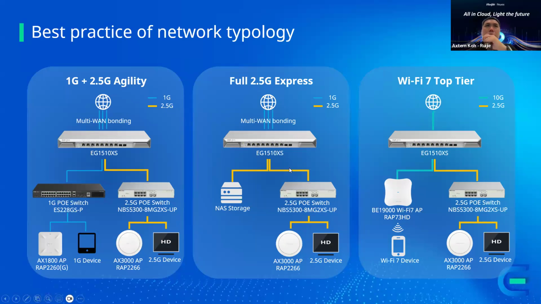All right. And the best practice for the network topology for this new EG1510: it offers 1G plus 2.5G agility in this scenario, and it is also suitable for a full 2.5G setup, which means you can have 2.5G for the internal network and 1G or 2.5G facing the internet.